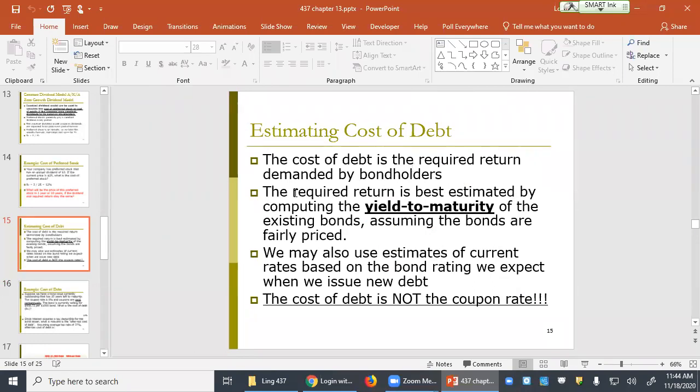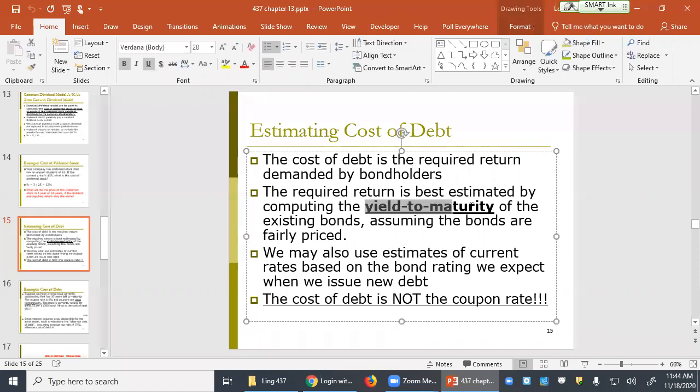So the required rate of return, mathematically, is the yield to maturity. And if you're using the financial calculator function keys, it is the I/Y that is located on the third row of the financial calculator.